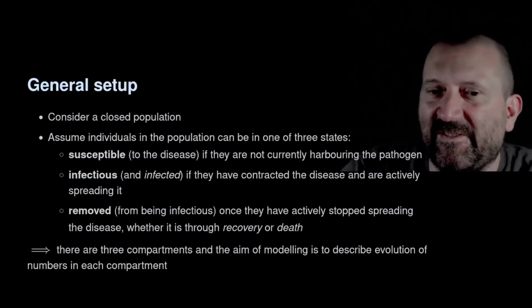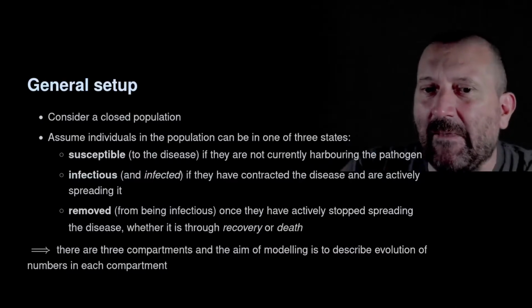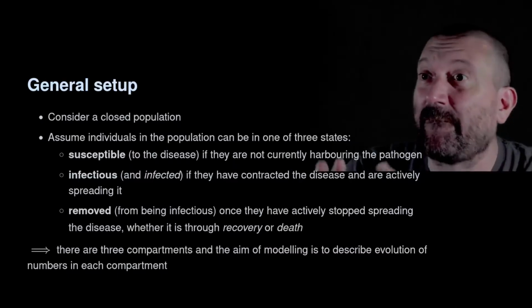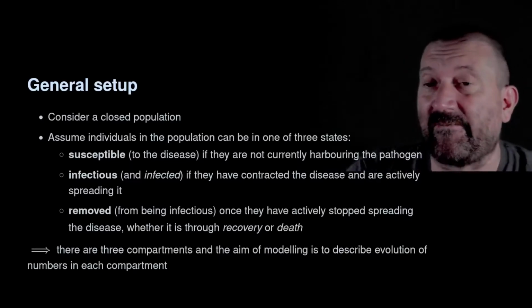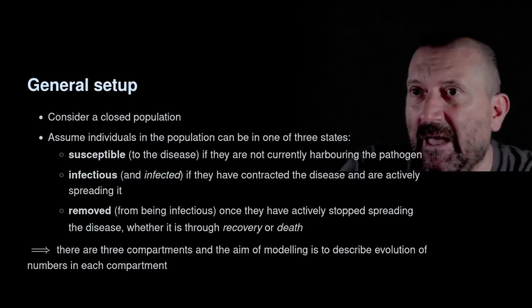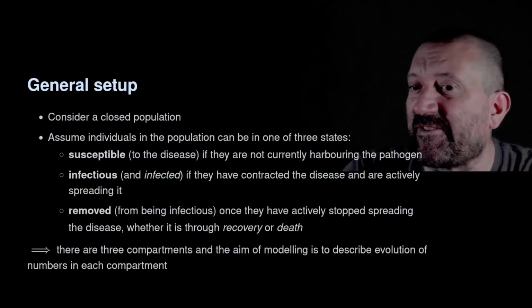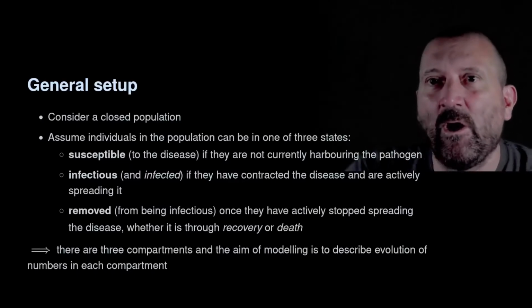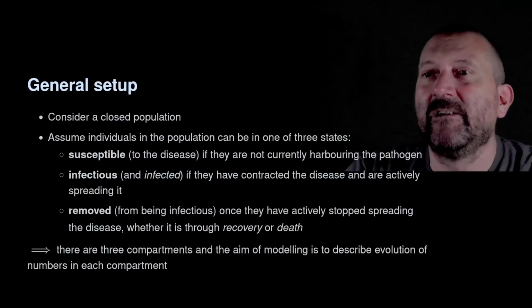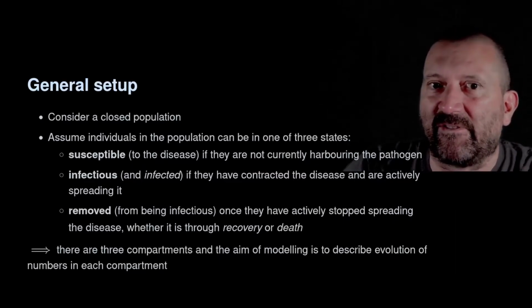But this is the setup, and that means that we have three compartments in the sense that I was explaining before. And the aim of the modeling process is to describe the evolution of the number of individuals in each of those compartments.